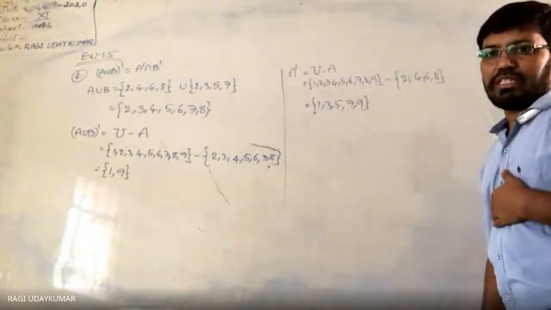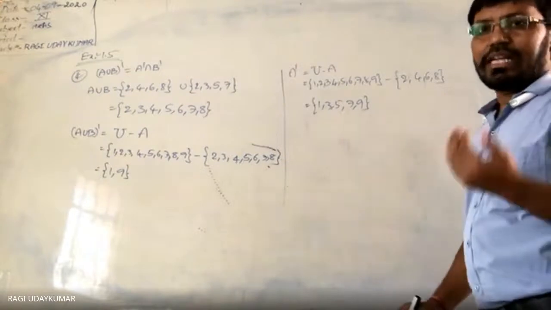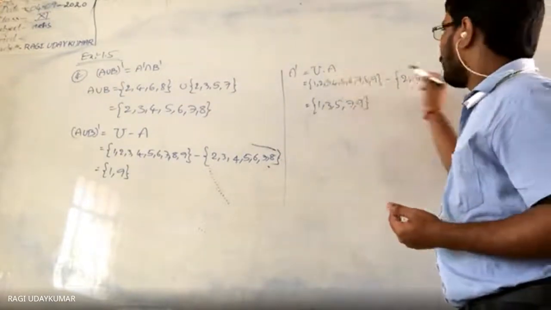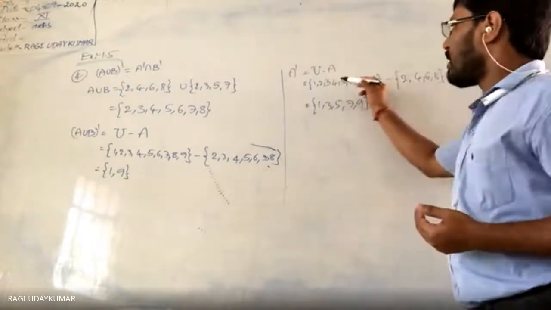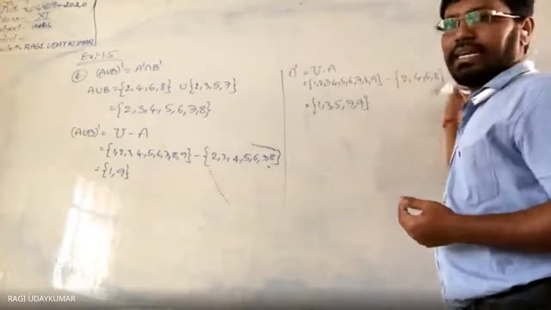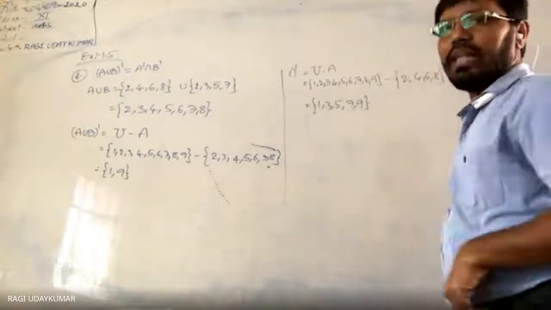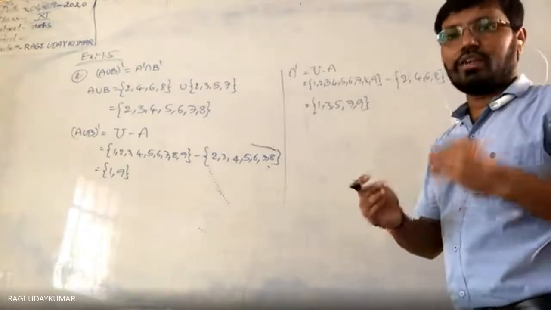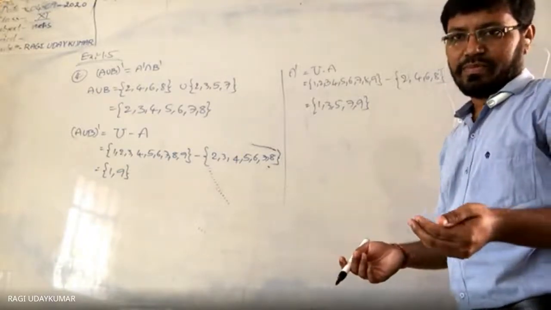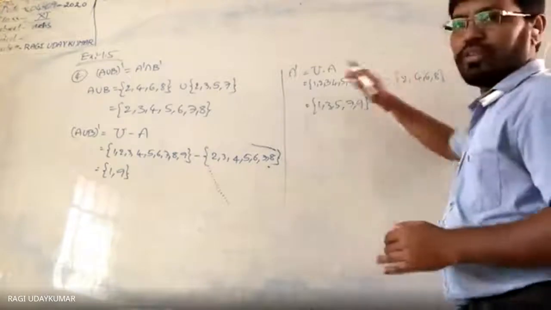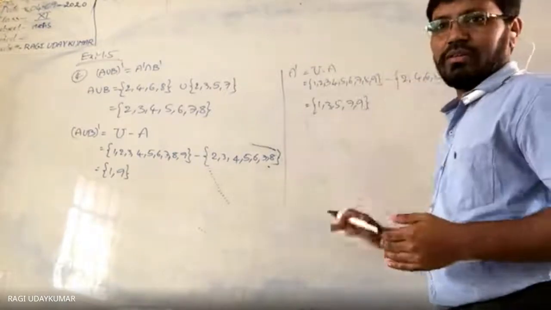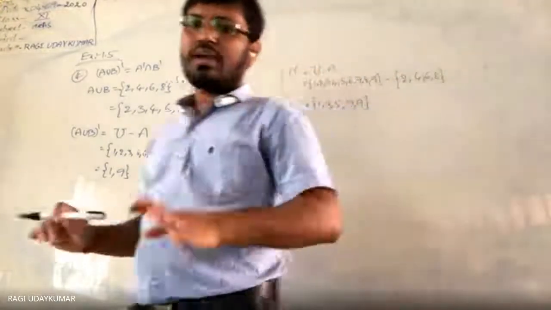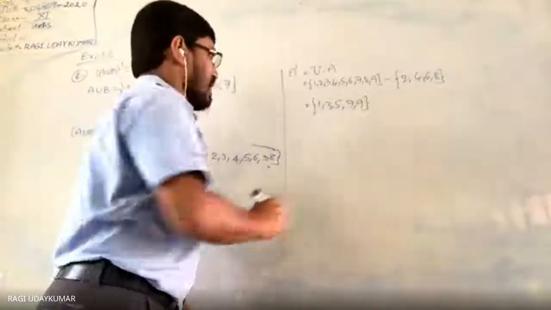This is A complement. To avoid confusion, cancel the common elements and write the remaining elements. Until you get the practice, you can do it with a pencil, then erase it.